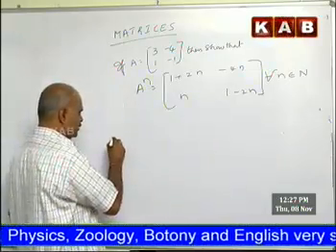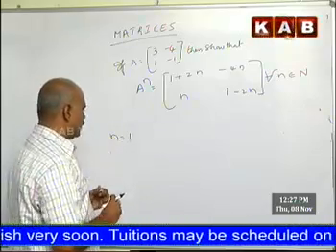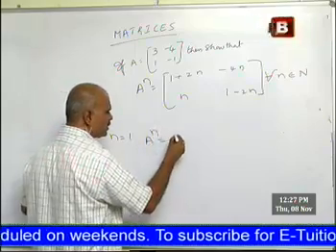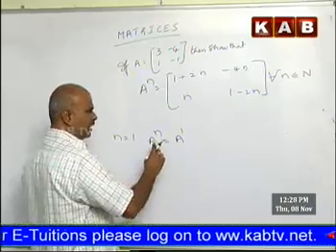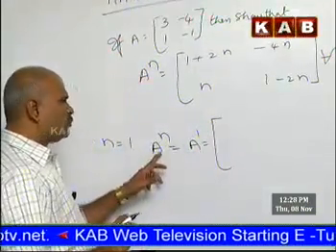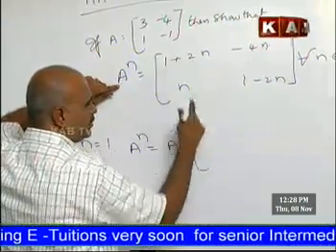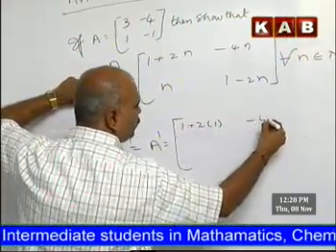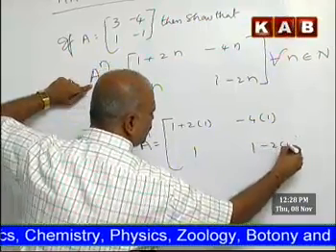Let us suppose n is equal to 1. My aim is to prove it for n is equal to 1. If n is equal to 1, A power n becomes A power 1. Wherever n is there, put n as 1: A power n is 1 plus 2n, so 1 plus 2 into 1, minus 4 into 1, again 1, and 1 minus 2 into 1.